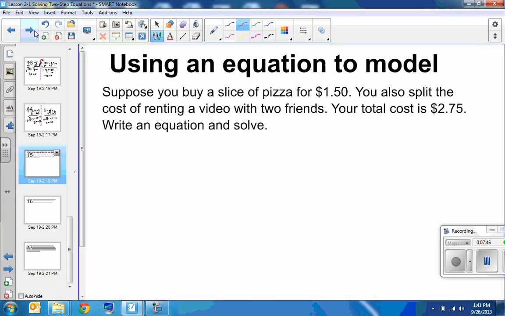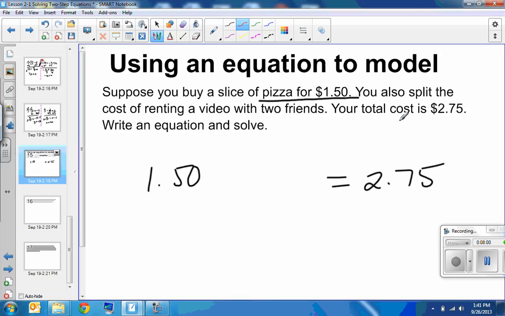So, if we buy a slice of pizza, we know it's $1.50. We know we've spent a total of $2.75, so that's what it's going to equal. We don't know the cost of the video, but we split it amongst 2 friends.